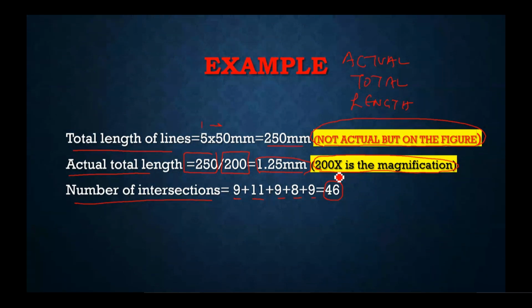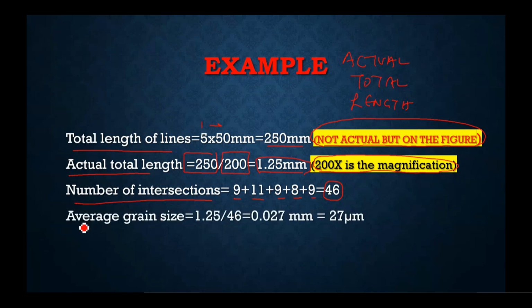Once you have the intersections and the actual total length, the average grain size is the actual total length divided by the total number of intersections, which comes out to be 27 micrometer. So this is your average grain size for the material for which you had the microstructure. Clear enough?